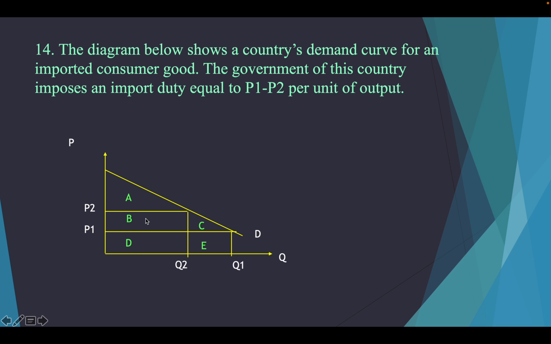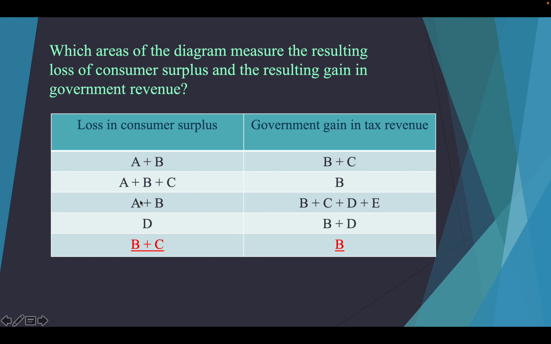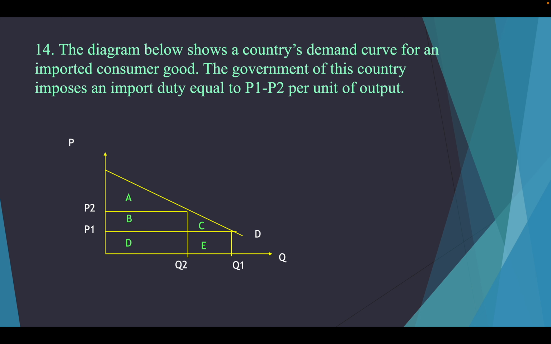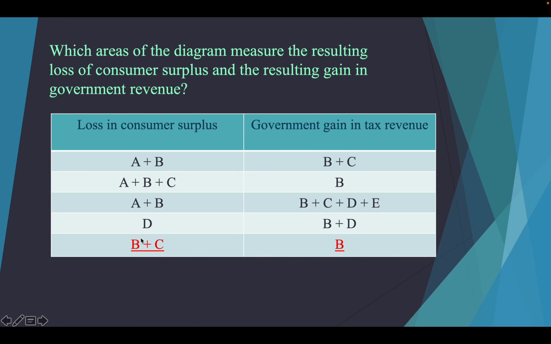At that time the consumer surplus is reduced, because at the P2 price the triangle above is the consumer surplus, that is A. But they ask about the loss in consumer surplus, not the consumer surplus. Consumer surplus at the P2 price is the triangle A, but the loss when going from P1 to P2 is BC. BC is the amount of the loss.